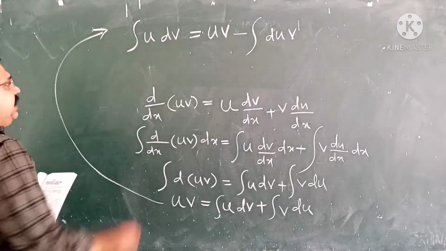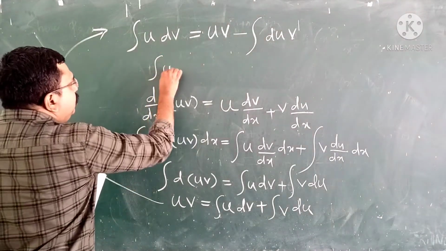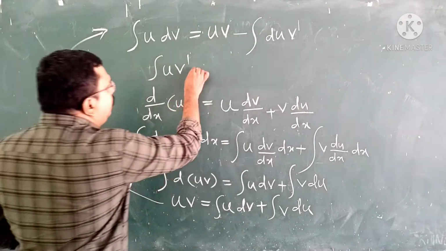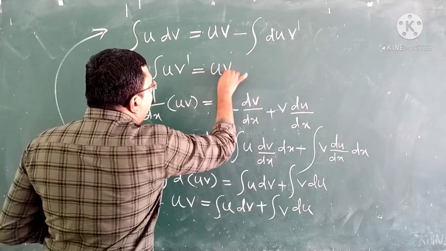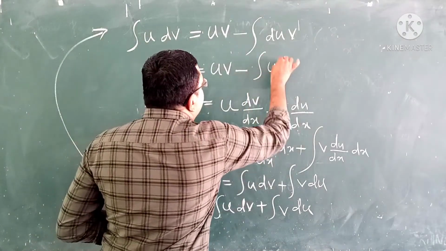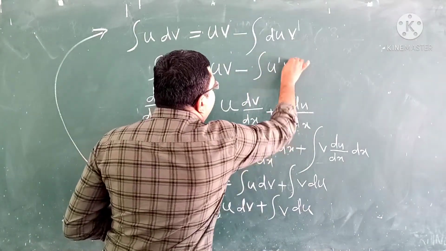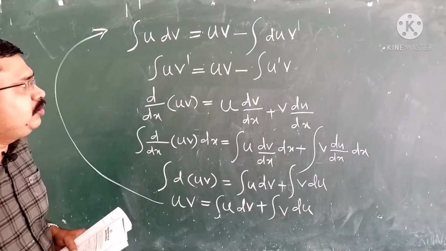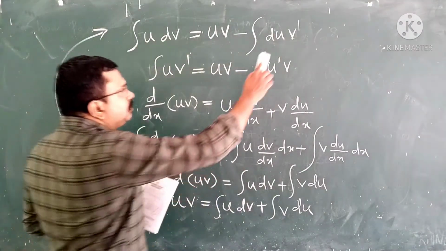Remember that integral of u v dash is equal to uv minus integral of u dash v. Very important.